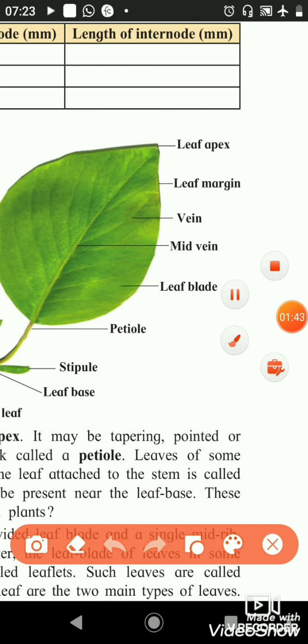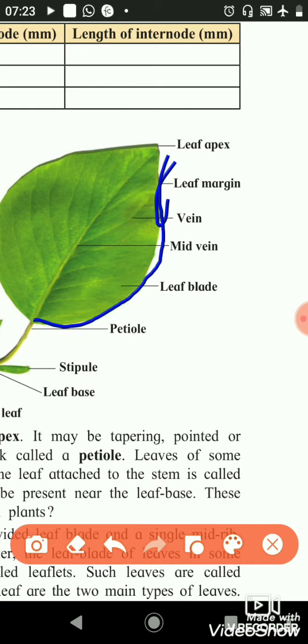With the help of the diagram, we can see the different parts of a leaf. This is the leaf apex. These are the tiny veins. Look at the tiny veins. The main vein is the one coming from the node.